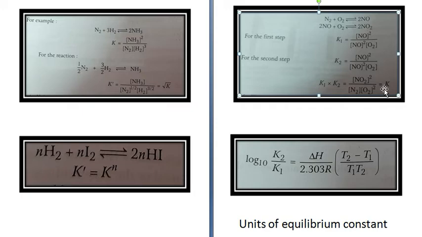Kc varies with the temperature in accordance with the Van't Hoff equation, which is given by log10 K2 upon K1 is equal to delta H upon 2.303 R into T2 minus T1 upon T1 into T2, where delta H, as you already know, is enthalpy or the heat of reaction. K1 is equilibrium constant at temperature T1 and K2 is equilibrium constant at temperature T2. R is the gas constant.